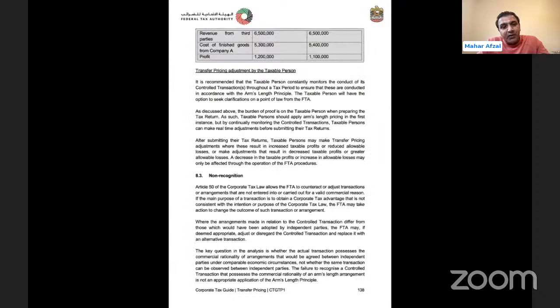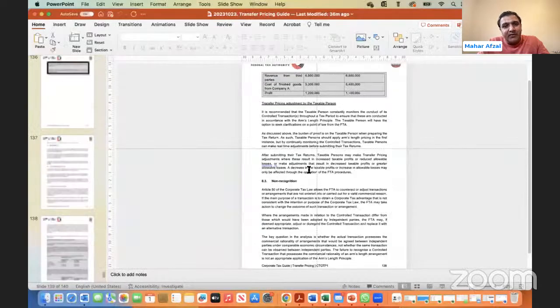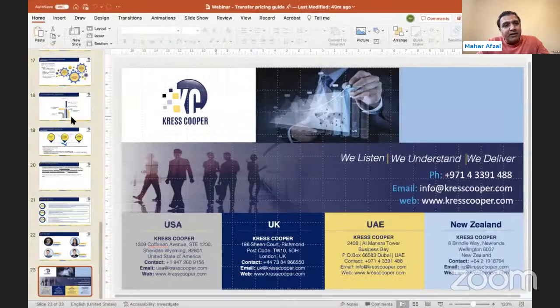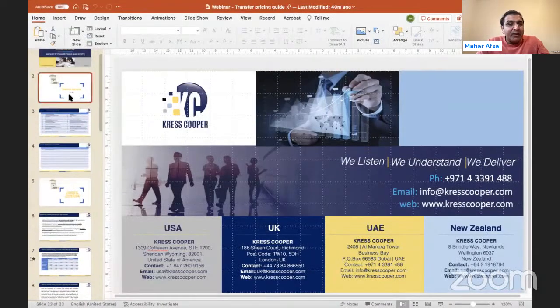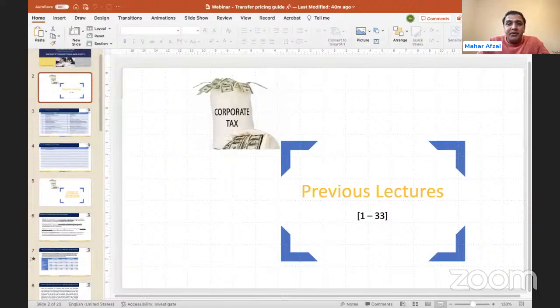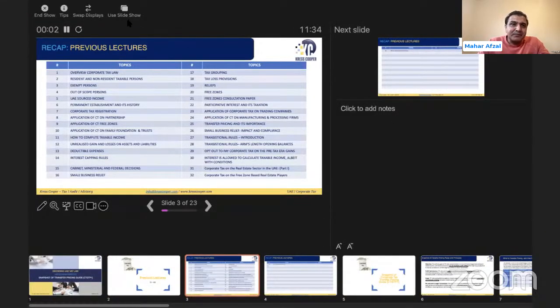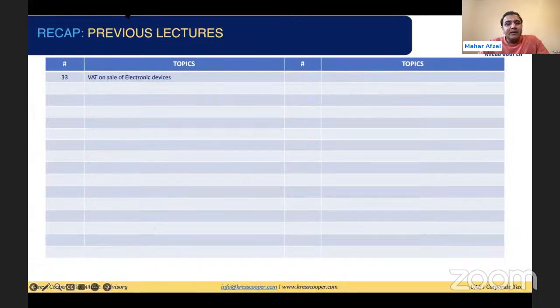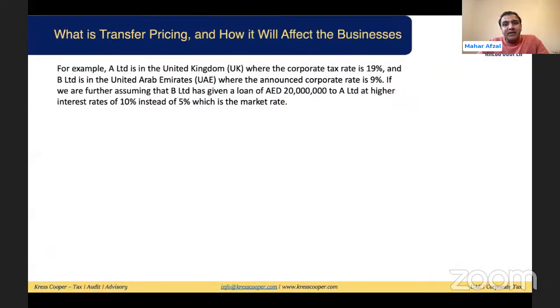This is over. So if I go back to the basics that were discussed, what is TP? You all will know the reason for the application of TP. The objective is that prices should be on an arm's length basis so that profit is not shifted from the high tax jurisdiction to the low tax jurisdiction, or from the high tax entity to the low tax entity.